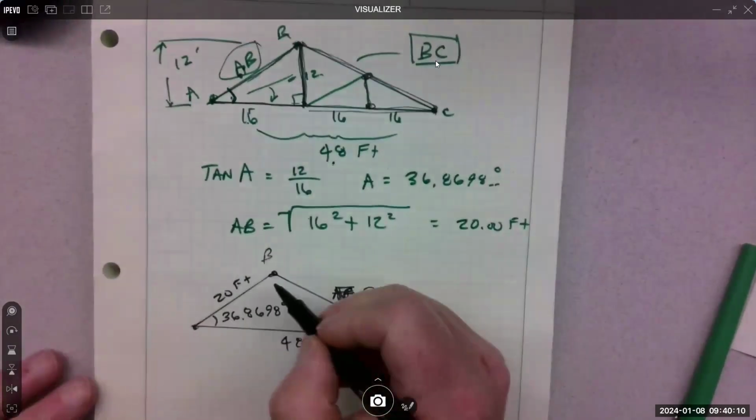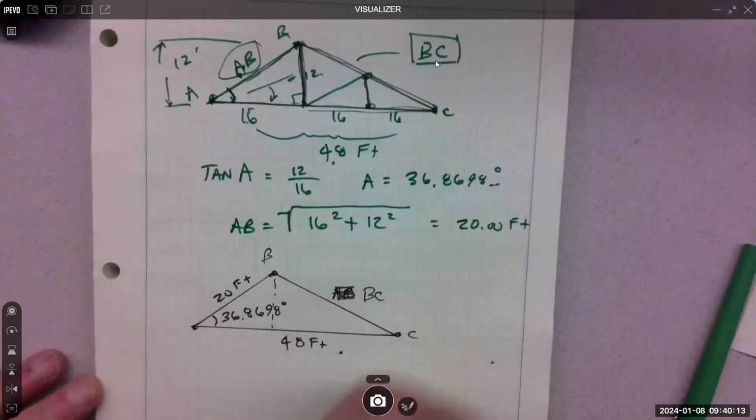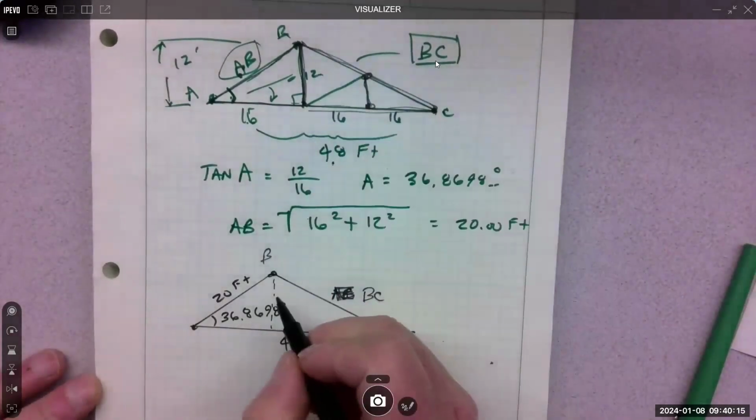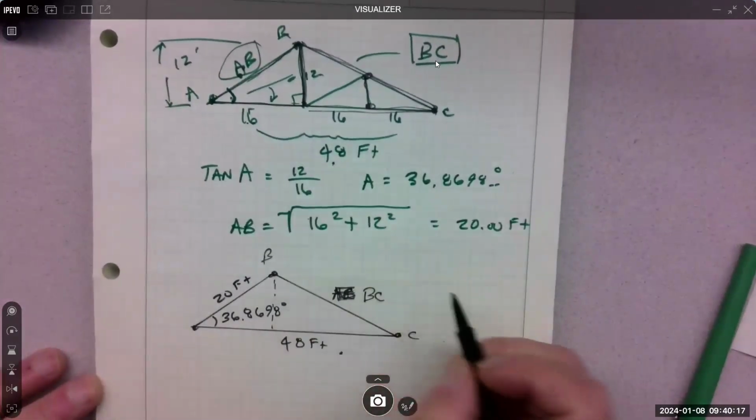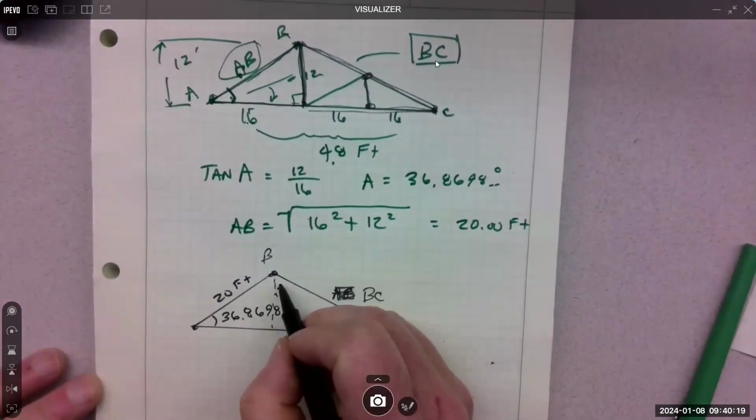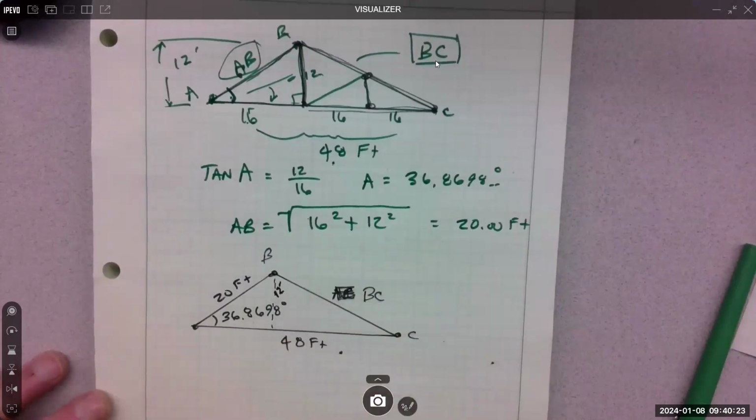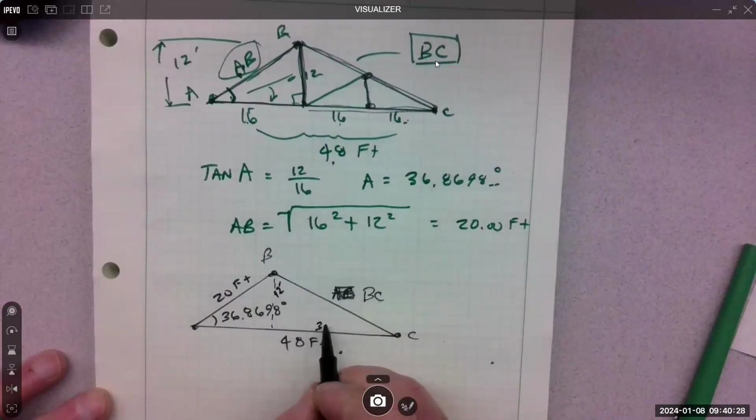So that just means drop a vertical right here. And we know that vertical is 12. So now we have a triangle that's set up with 12 feet and this distance, which is 32 feet.